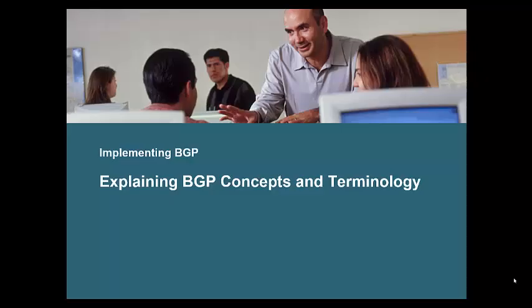BGP uses attributes, which help in doing policy-based routing. Using the attribute, you can give a hint, a prompt, to BGP. See, this word prompting is from AI, artificial intelligence.